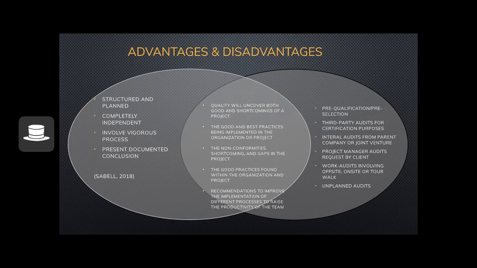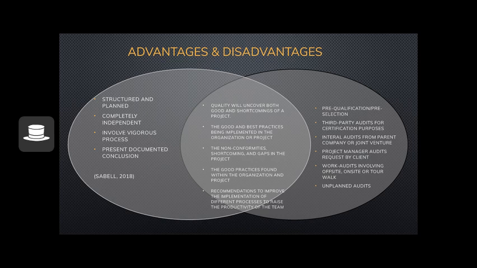Internal audits from a parent company or joint venture may be involved, which can delay time. A project manager may audit the request by a client. Work audits involve off-site or on-site visits or a tour walk. And lastly, unplanned audits.